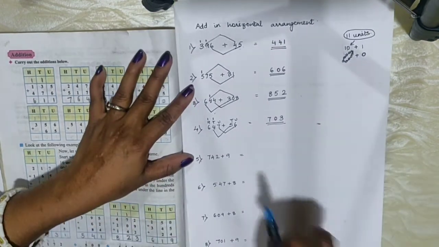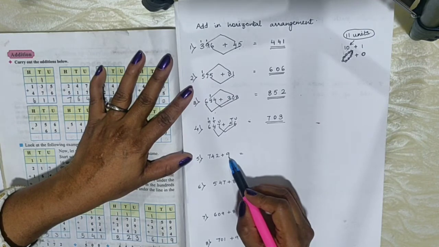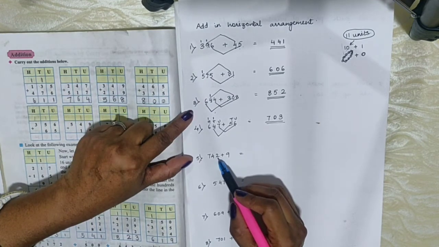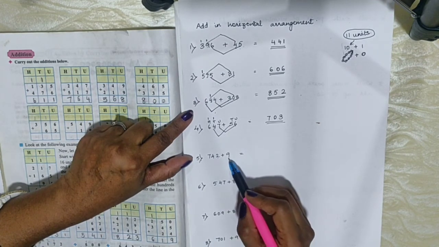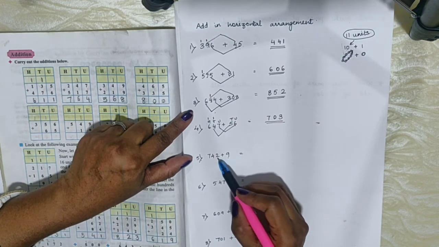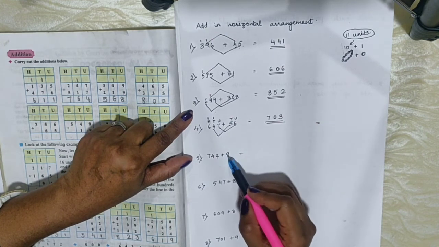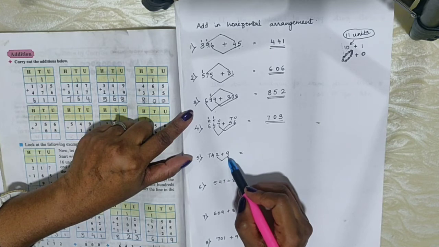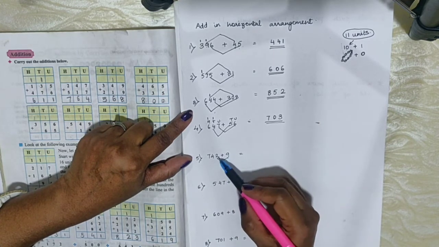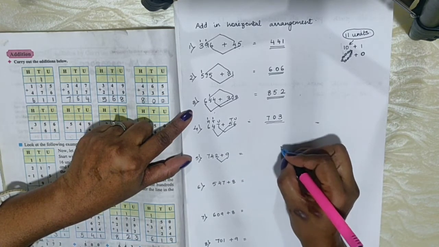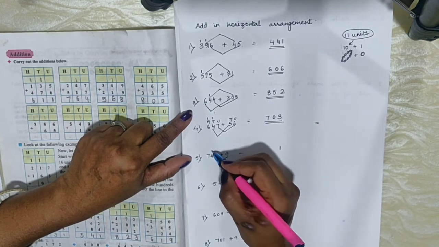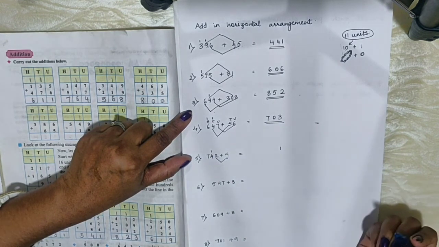Now, see. Here only 1 unit is there. And here there are 3 digits. Here only 1 digit is there. So, 2 unit, 9 unit. Okay, 2 plus 9 is 11. So, 1 you will write here and 1 will go to the tens place.